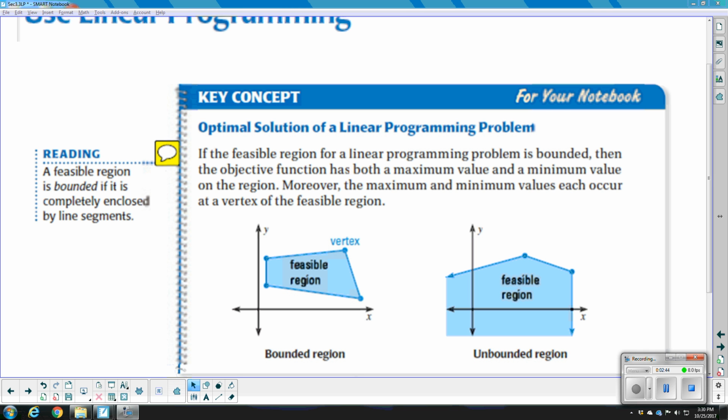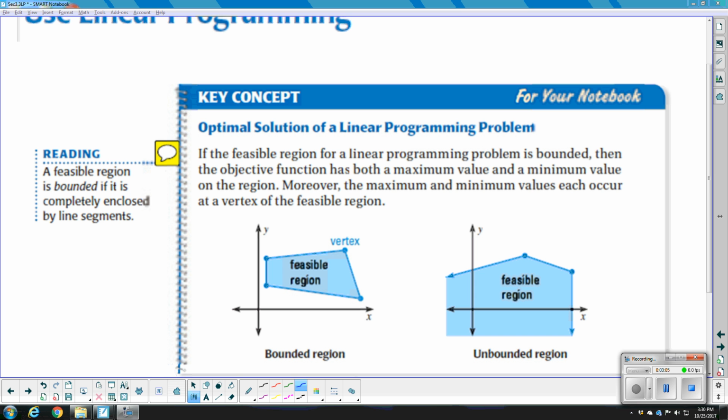If it's bounded, like this first graph here, that means you have a polygon. So in this case, it's a quadrilateral, but it could be any. It could be a triangle, it could be an octagon. But you have this polygon where the region is confined within this polygon.